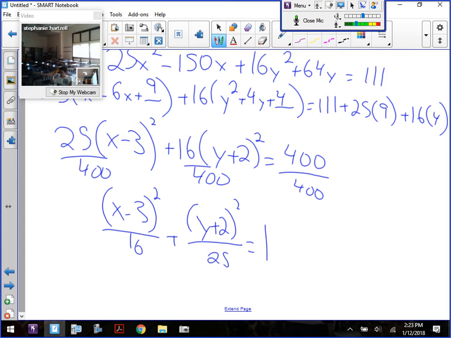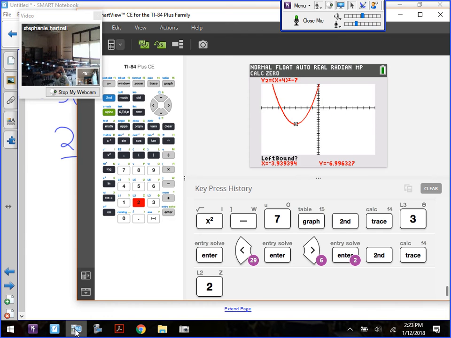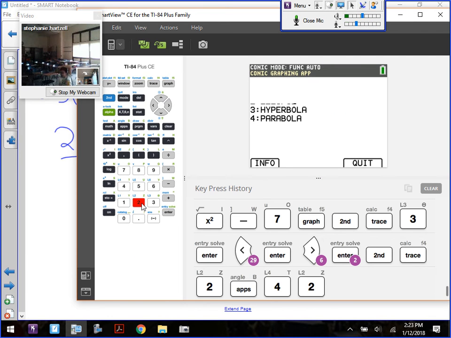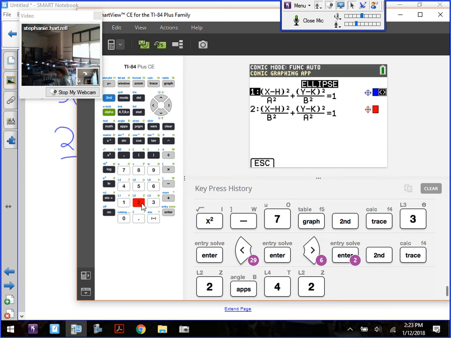So this one's going to be an ellipse. And when you're looking at the rules for ellipses on your calculator, if you look at the rules for ellipses, see how the a value switches? Where does the a value go for ellipses? Remember? Which one's the a value?